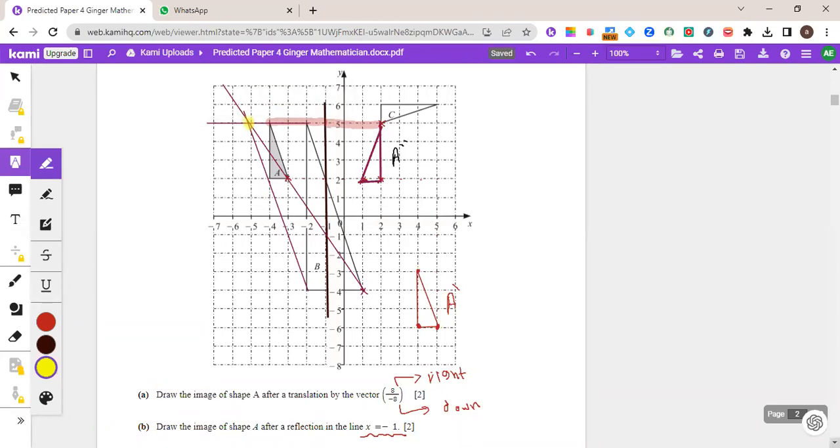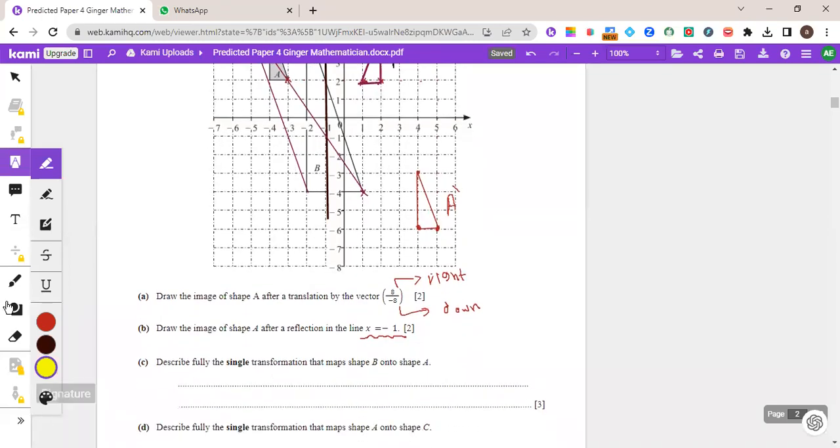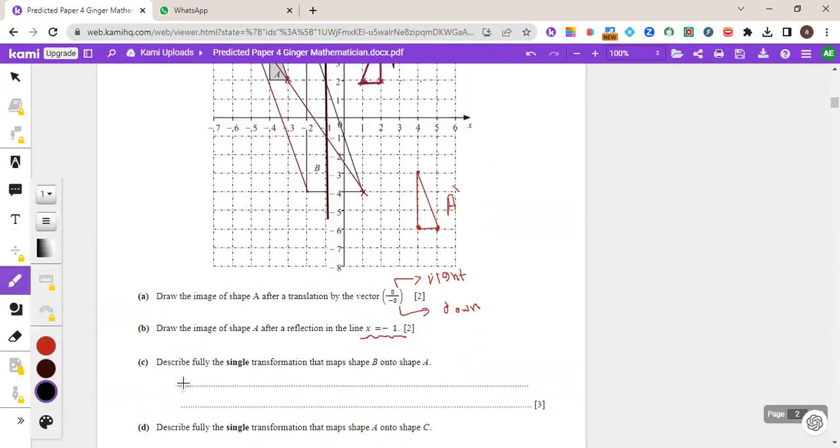So I will write here, it is enlargement. What is the scale factor? Enlargement, scale factor half.